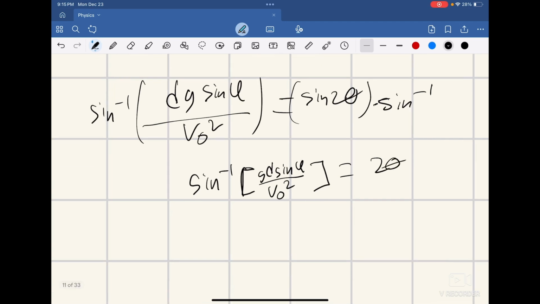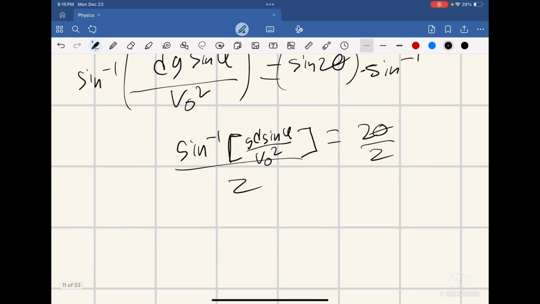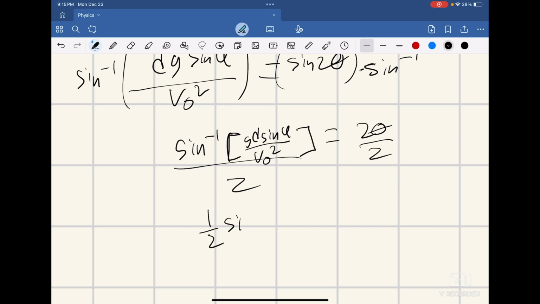And all we have to do is divide both sides by 2, and we're left with 1/2 sine inverse of G D sine phi over V initial squared is equal to theta, and we have just proven it.